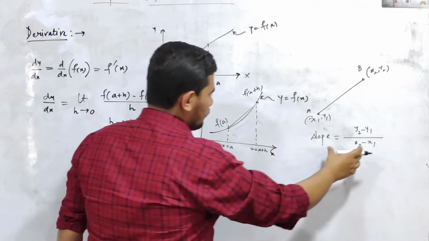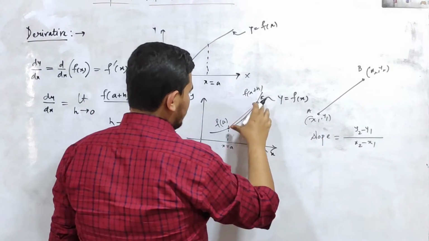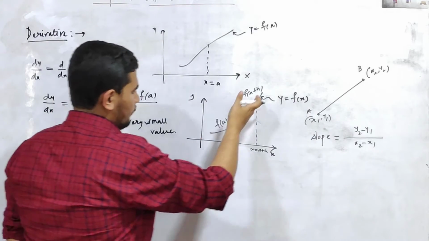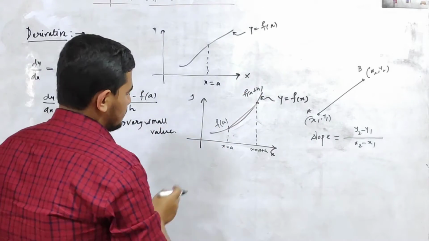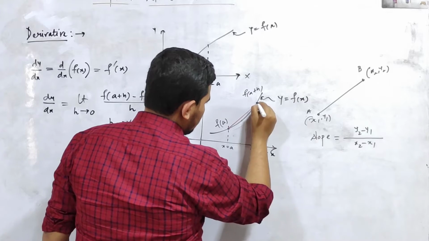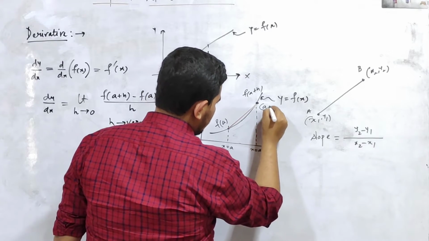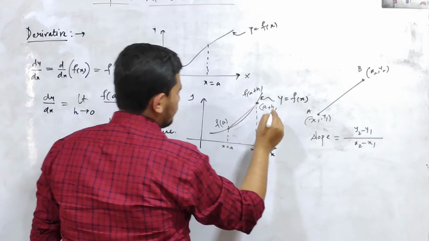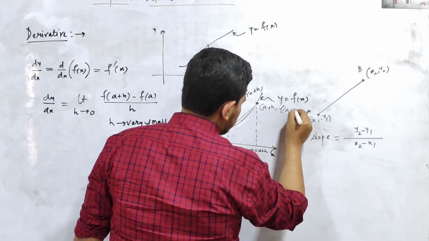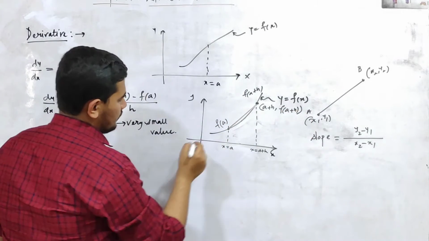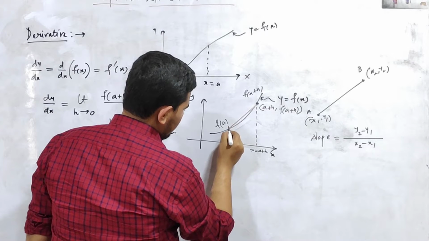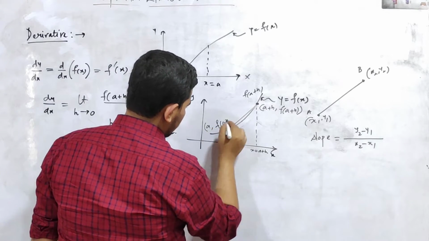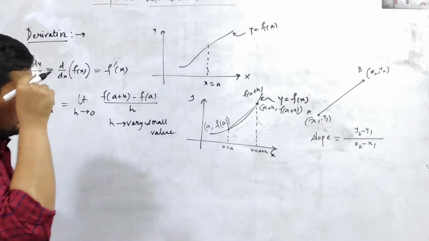From this formula I can derive the slope of this line. Here the x coordinate will be a plus h and the y coordinate will be f of a plus h. Again, the other point will be a comma f of a.